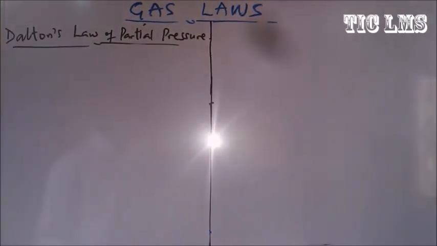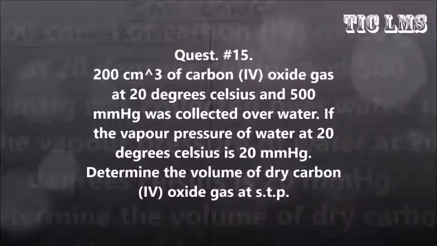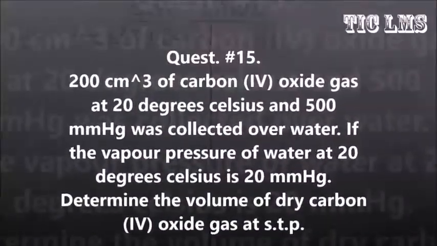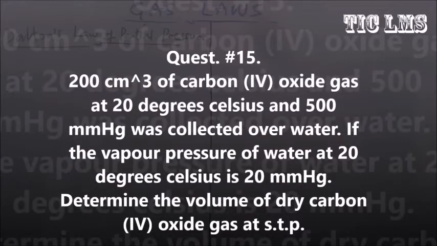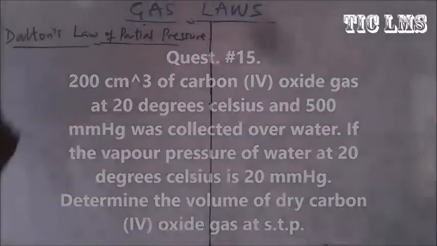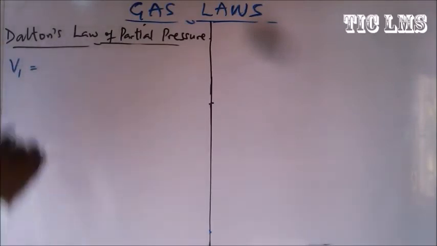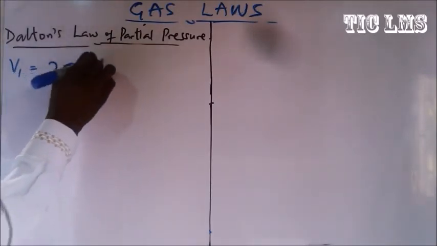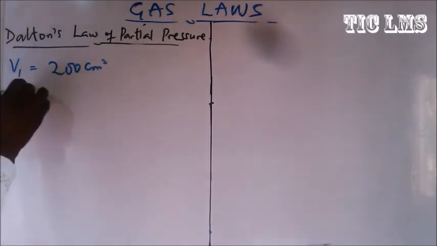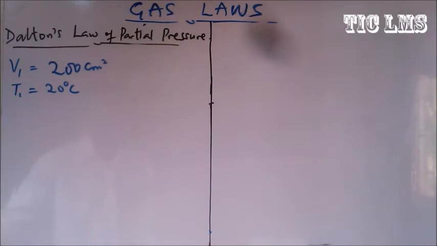Next question. 20 cm cubed of carbon 4 oxide gas at 20 degrees Celsius and 500 millimeter mercury was collected over water. If the vapor pressure of water at 20 degrees Celsius is 20 millimeter mercury, determine the volume of dry carbon 4 oxide gas at standard temperature and pressure. Now with this, we are given that the volume of the gas initially was 200 centimeter cubed and it was collected at a temperature of 20 degrees Celsius and 500 millimeter mercury was the pressure.